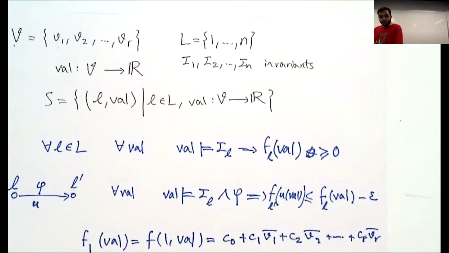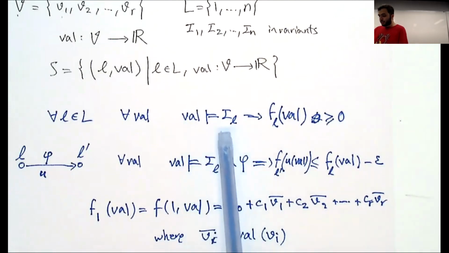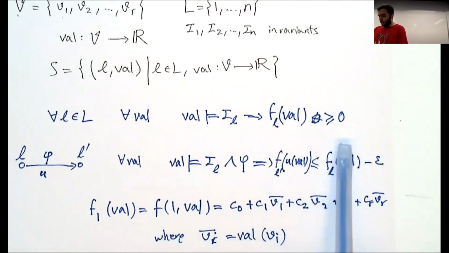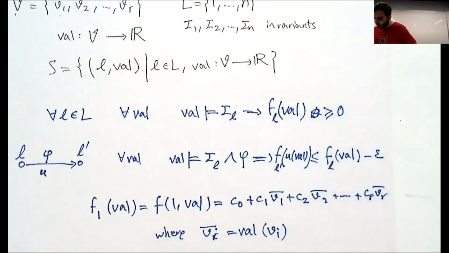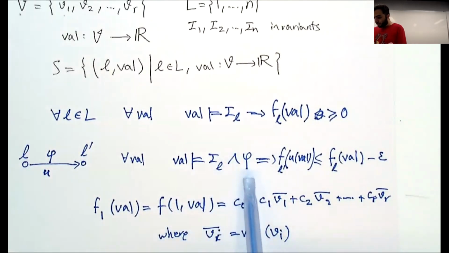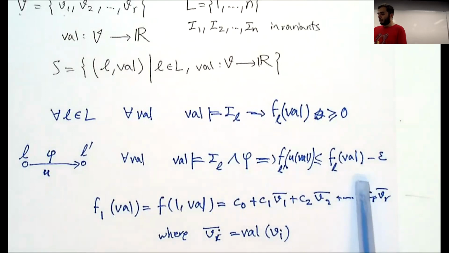Right? So for example, here, what I'm saying is that if the linear inequalities in the invariant hold, then I want also to have this linear inequality. I want to have my ranking function be non-negative. Here, what I say is that if the invariant holds, which is a bunch of linear inequalities, and if also the condition for the transition holds, which is another linear inequality, then I want to have this linear inequality as well.